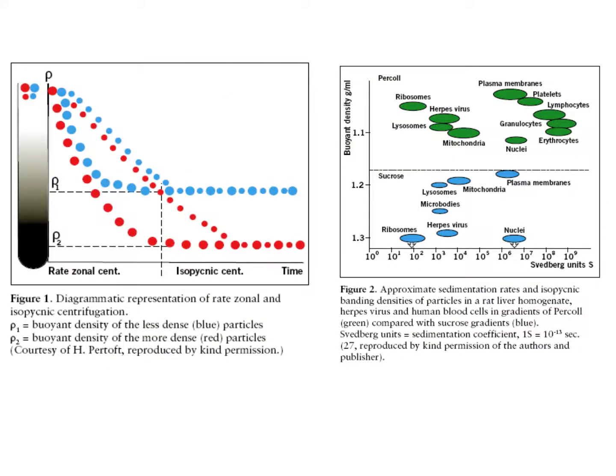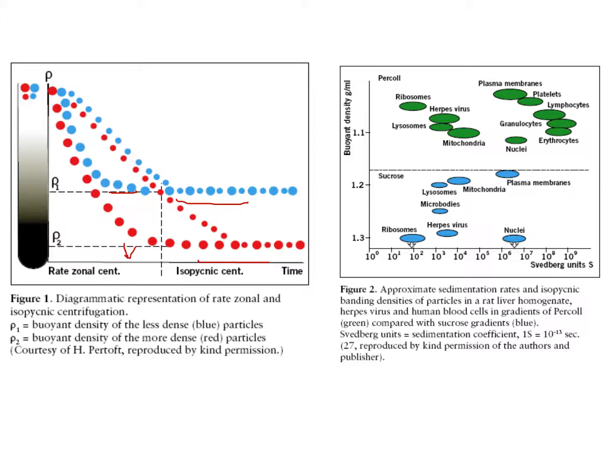Here's cartoons showing the rate zonal separation, and eventually in isopycnic they will form the two areas here over time. And rate zonal, you start getting separation here, but like I said, eventually they could pellet them.